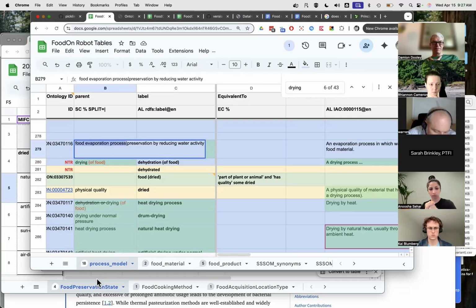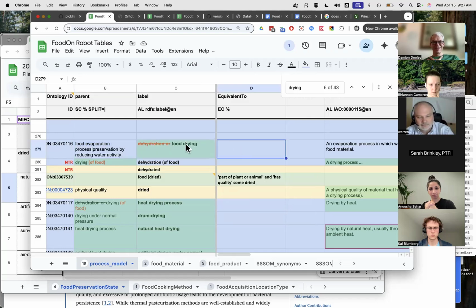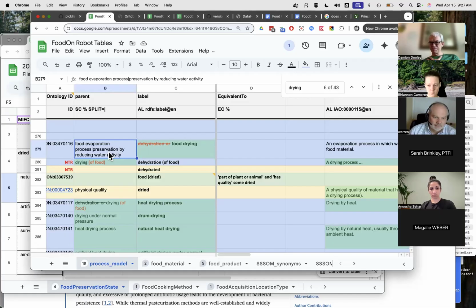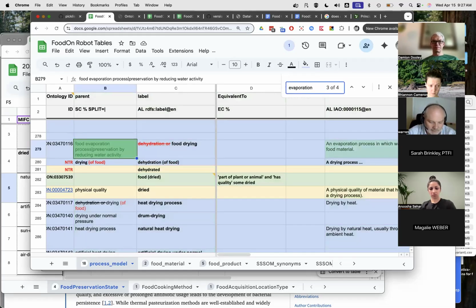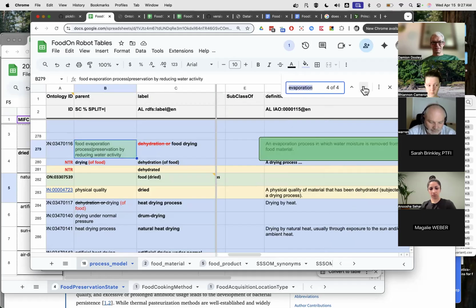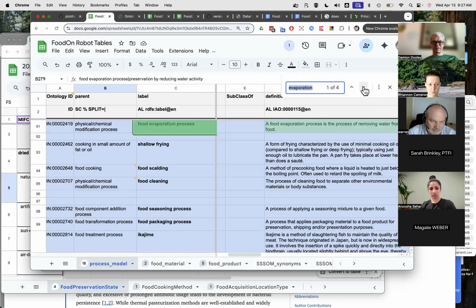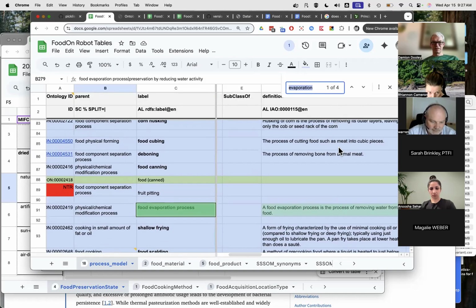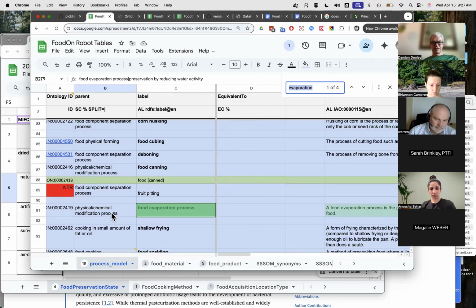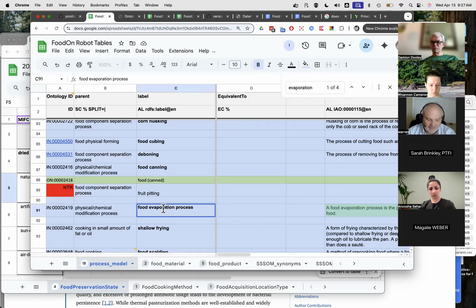Like this evaporation, is it a child of food drying? Or is it, it could be a mechanism, yeah. I don't know. I was interrupted, I had a crash, so I didn't hear what you said about the difference between dehydration and drying, but I agree with Magali that evaporation is the underlying mechanism.